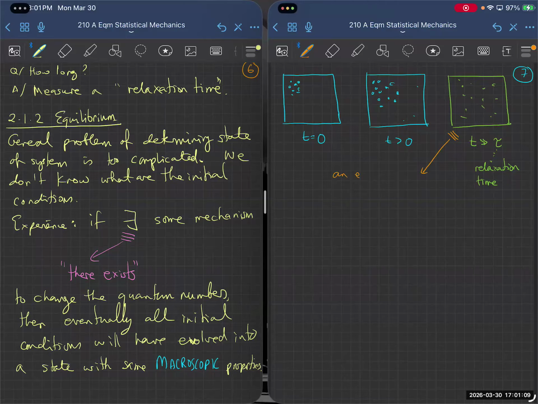So this one here is an example of a state of the system with a uniform density in the box.